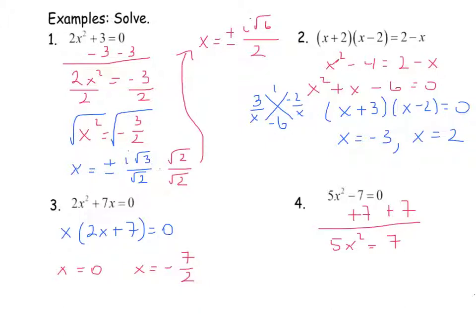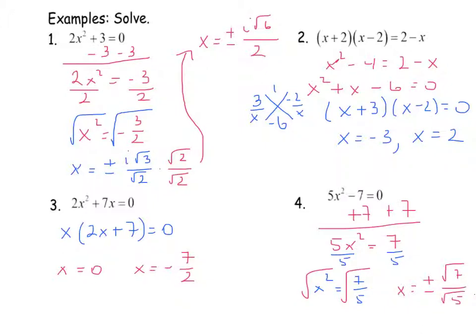Then I'm going to divide by 5 and get x squared equals 7/5. And then I take the square root of both sides, and I will get x equals plus or minus the square root of 7 over the square root of 5.